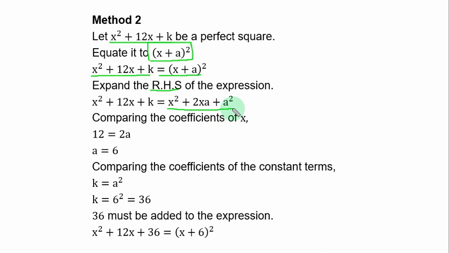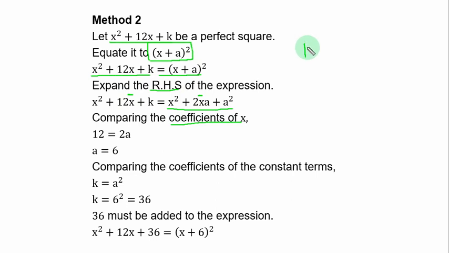What we do next is to compare coefficients of s. When you compare that, the coefficient of s here is 2a, that is the right hand side, then the left hand side is 12.